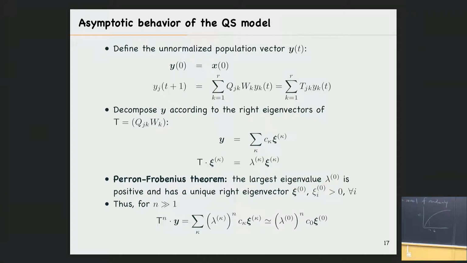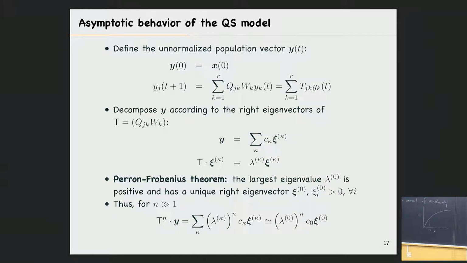So it's a matrix, T_JK, with non-negative entries. We can decompose it according to its right eigenvectors. And we can use the Perron-Frobenius theorem, which tells us that the largest eigenvalue is positive and non-degenerate. Therefore, there is a unique right eigenvector psi 0, which belongs to this largest eigenvalue.